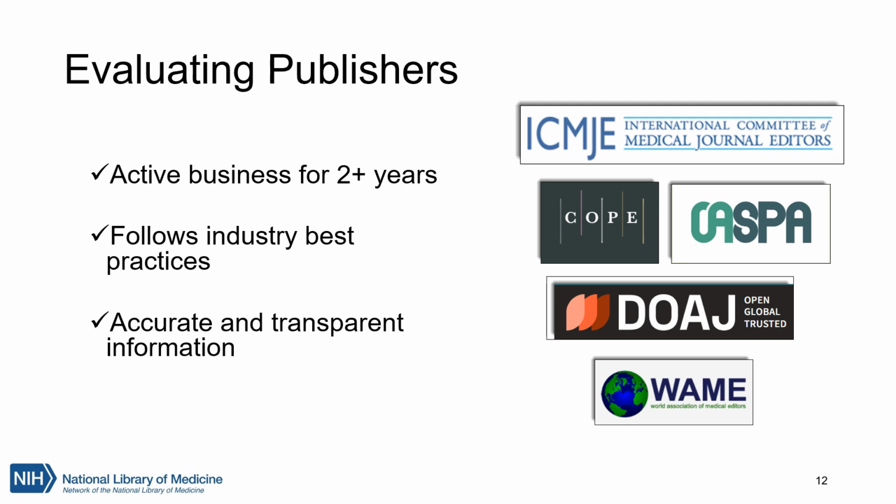We look to see that publishers follow guidelines and best practices from professional organizations, including the ICMJE's recommendations for the conduct, reporting, editing, and publication of scholarly work in medical journals, and a joint statement by COPE, DOAJ, WAME, and OASPA titled Principles of Transparency and Best Practices in Scholarly Publishing. And we look for accurate information, evidence that the publisher knows how to operate a journal, and evidence that journal content is actively maintained.